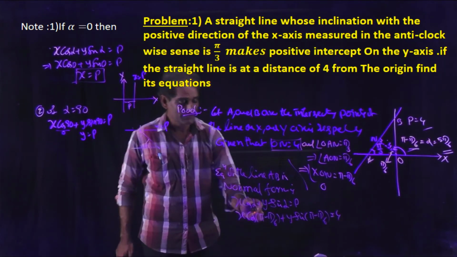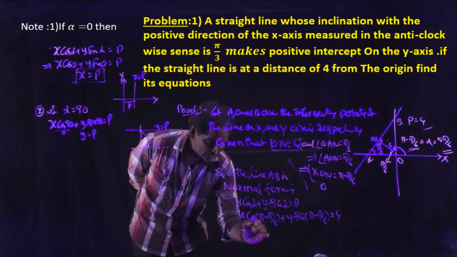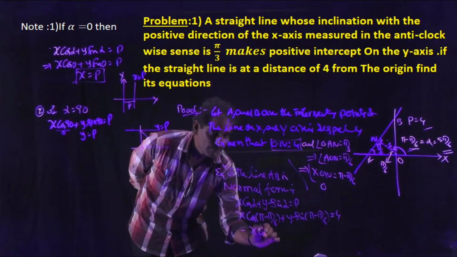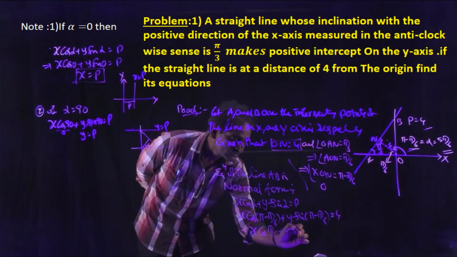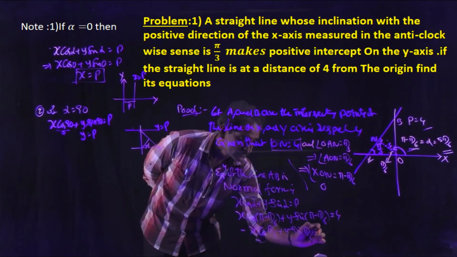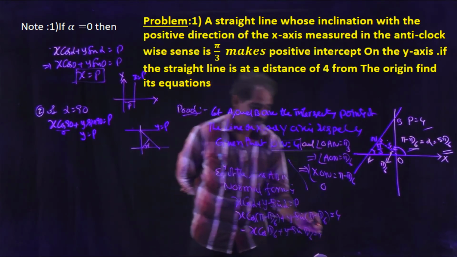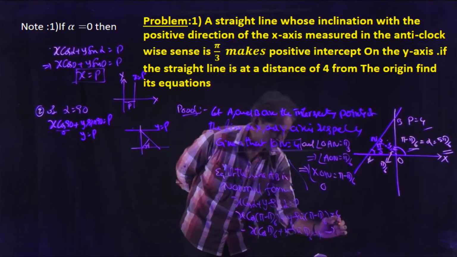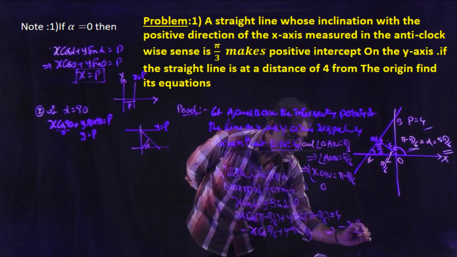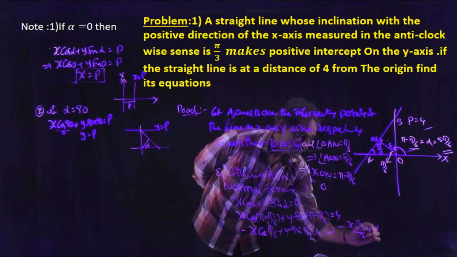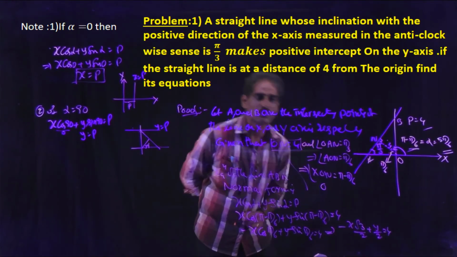x into minus cos pi by 6 plus y sin pi by 6 is equal to 4. Write down the values of cos pi by 6 and sin pi by 6. Simply, minus x into root 3 by 2 plus y by 2 is equal to 4.